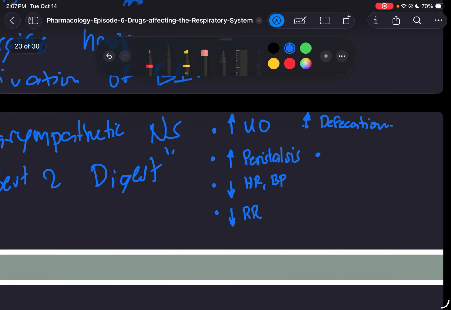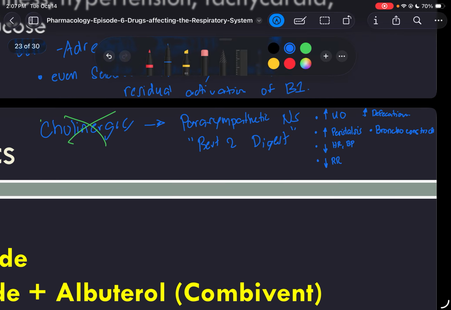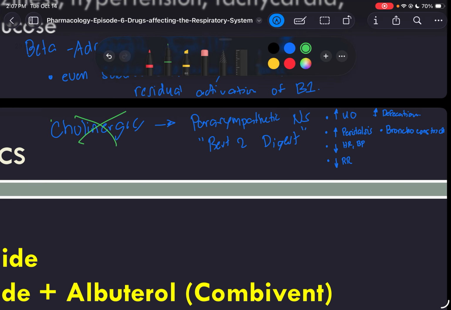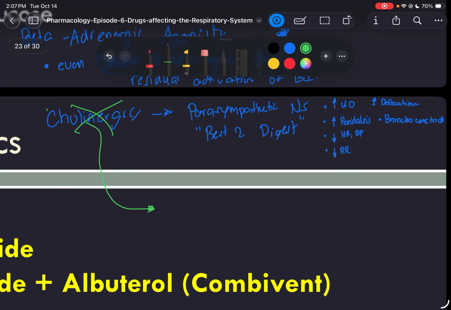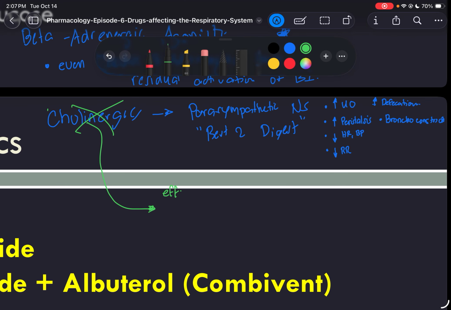Another thing I forgot: the cholinergic effect will also cause bronchoconstriction. Now if you stop the cholinergic effect, then the effects are reversed.